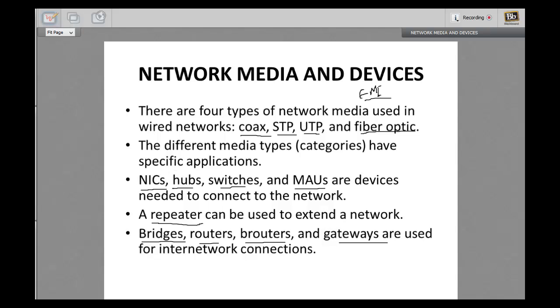These are all devices that connect networks together, but the difference is that they operate on different layers of the network. We should know each type of these devices, which layer it usually works on, and what its purpose is.